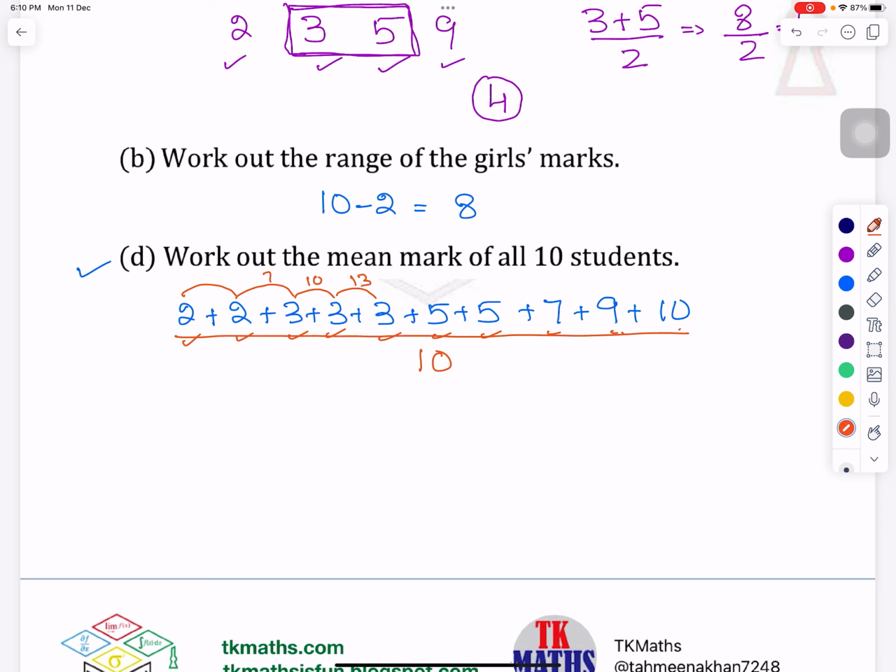Yes, are you understanding what I'm doing? 13 plus 5 is 18. 18 plus 5 is 23. 23 plus 7 is 30. 30 plus 9 is 39. Plus 10 is 49. So 49 divided by 10, which is equal to 4.9. So this is my mean mark.